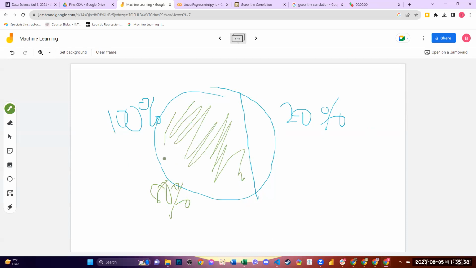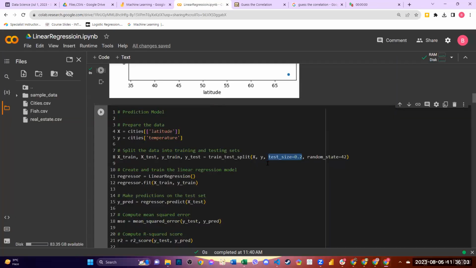Okay? So that's what it means when we say test size 0.2. And the random state 42 is just an arbitrary number that says we need to randomize the selection, any arbitrary number from 0 to 100.